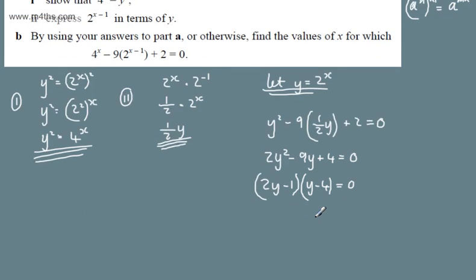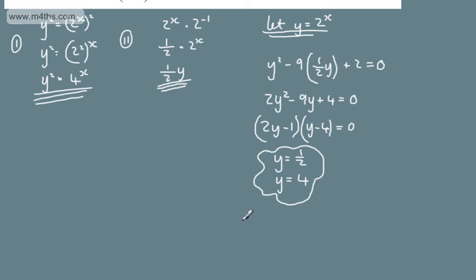So solving for y, we can see that y would be equal to positive 1 half, or y would be equal to 4. So these are our solutions for y. Now, at the start of the question, I said let y be equal to 2 to the x. Therefore, what we can state at this stage now is that 2 to the x is going to be equal to 1 half, or we've got now 2 to the x would be equal to 4.